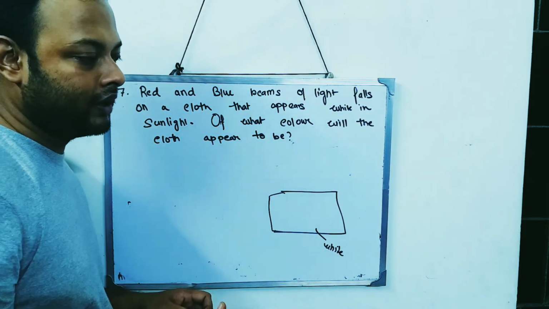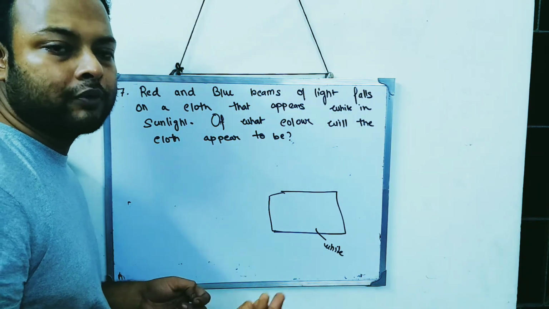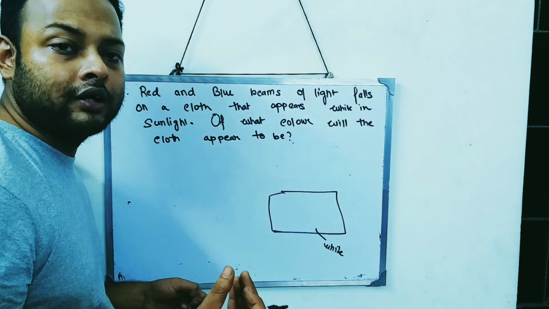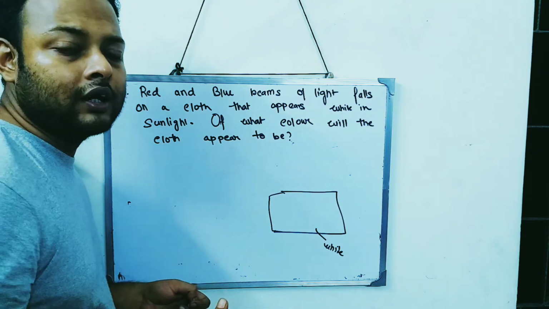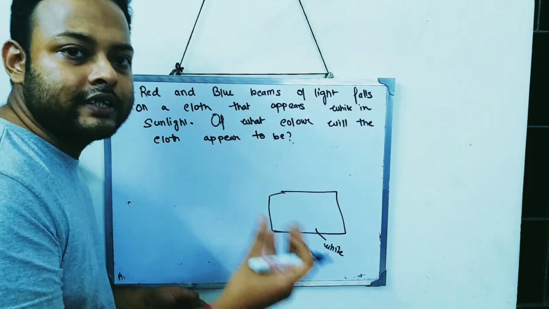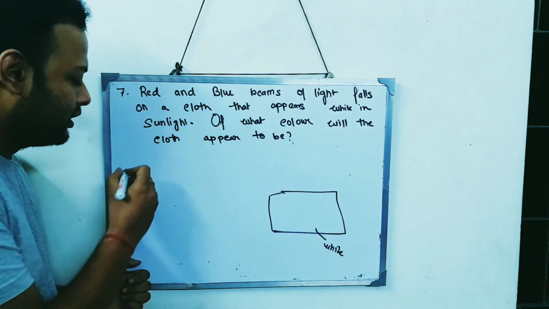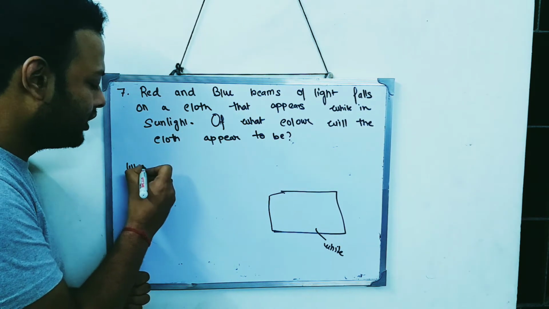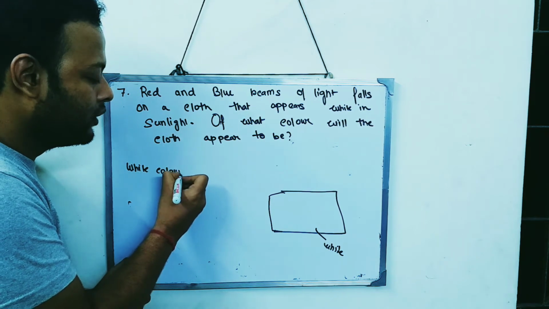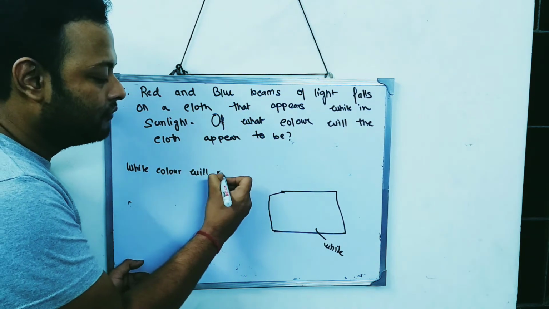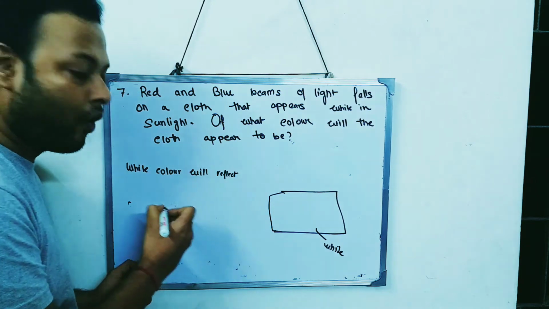Now white color has what property? White color has the property to reflect all the colors that are incident on it. So a white color will reflect all the colors.